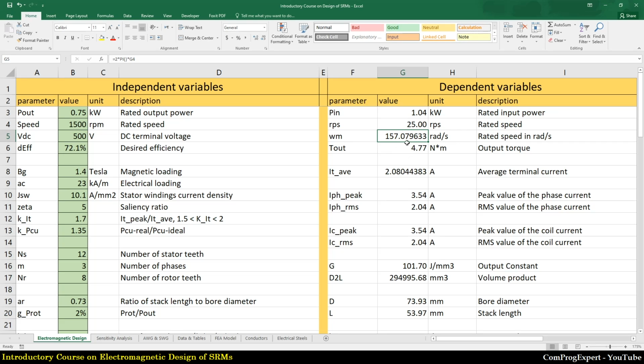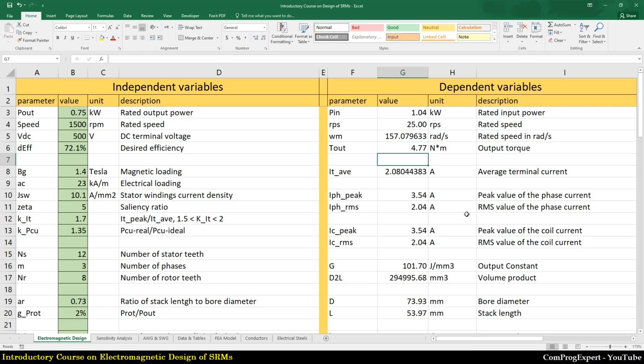Also, here we have omega m, 2 times pi times RPS, and the output torque is the output power, where the unit here is kilowatt, so we should multiply it by 1000 divided by omega m, which is equal to 4.8 Newton meters.